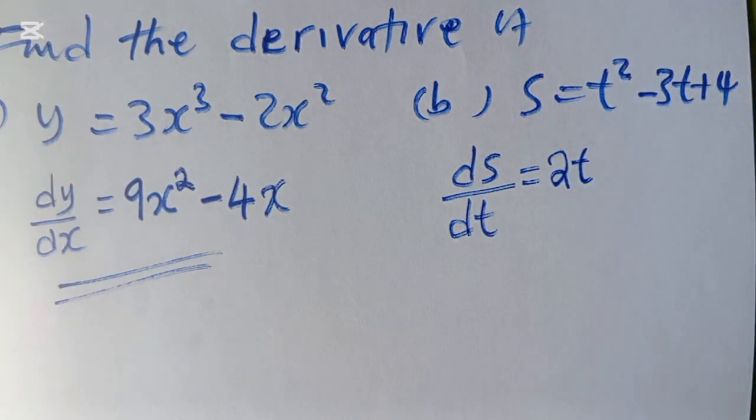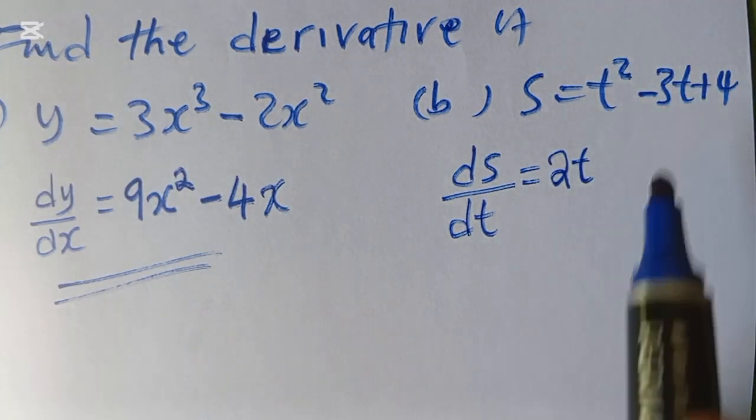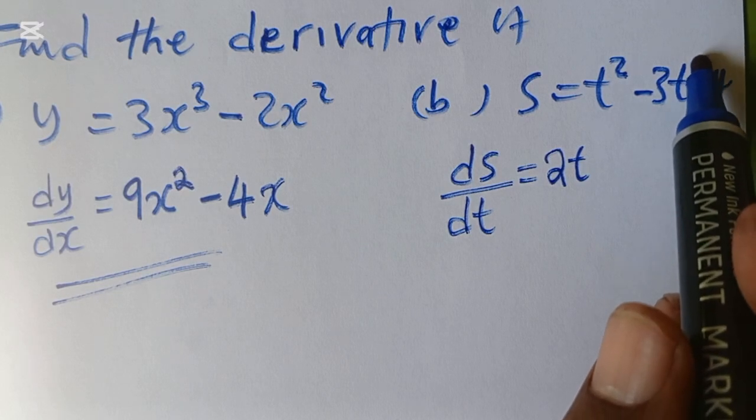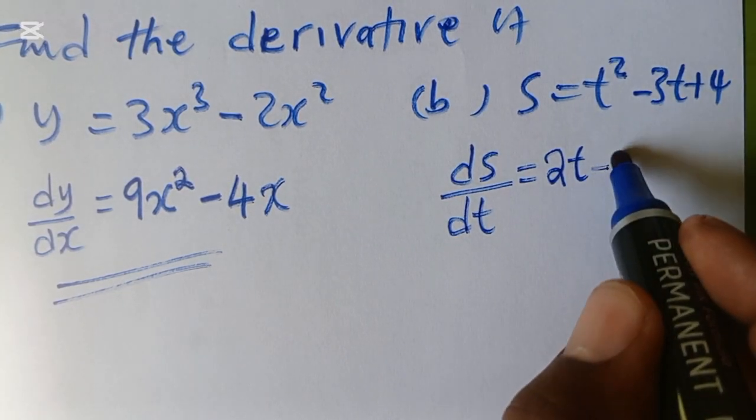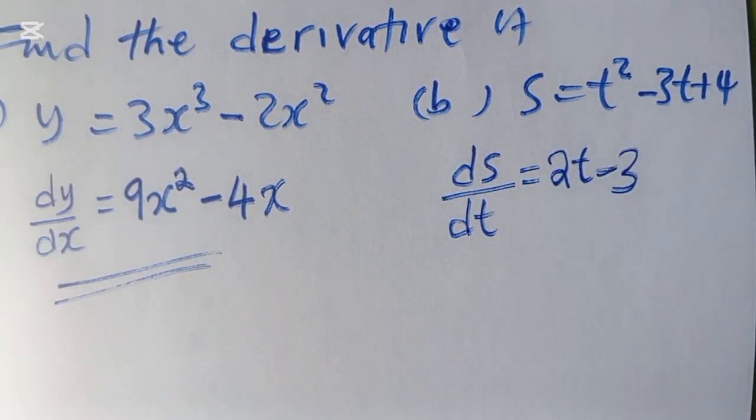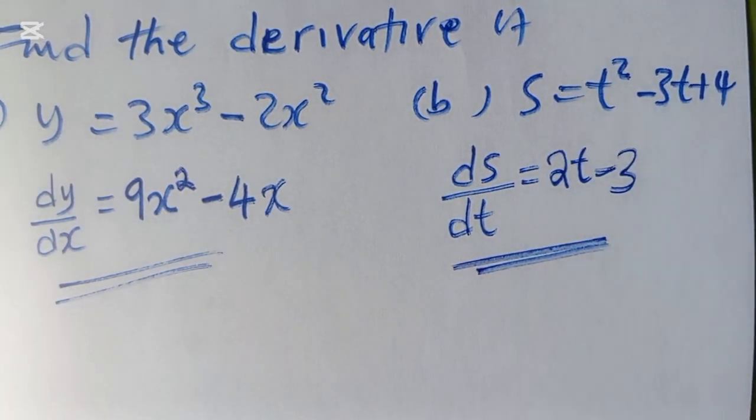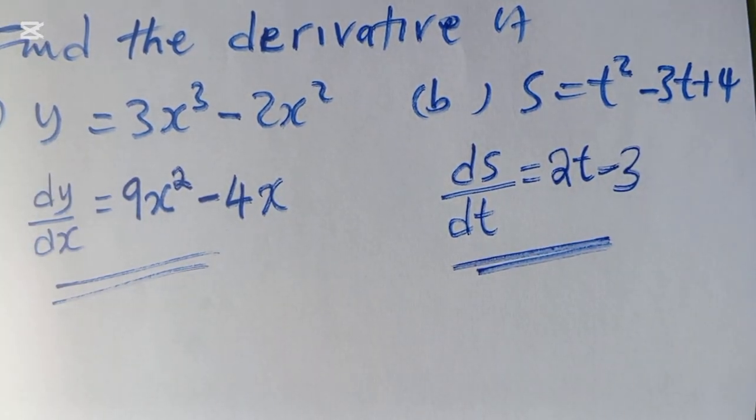So 2 minus 1, it is 1, so I'll not write the power of 1. So here it means that there is power 1. So 1 times 3, that is 3. Okay, so 1 minus 1, it is 0. So t to the power 0, it is 1, so there is no need for me to write it there. And differentiating a constant, it is 0. So that is the answer.